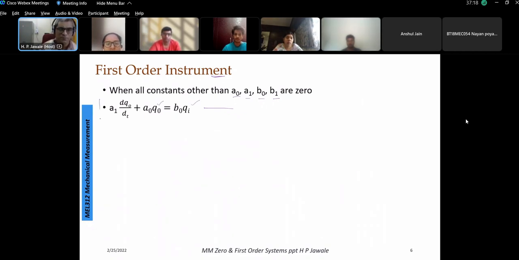So whenever this kind of equation is formed for the measurement device or measurement system, we call that a first order instrument. Now this becomes very important.